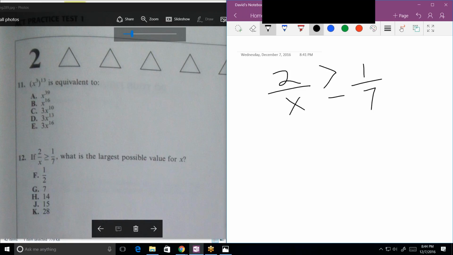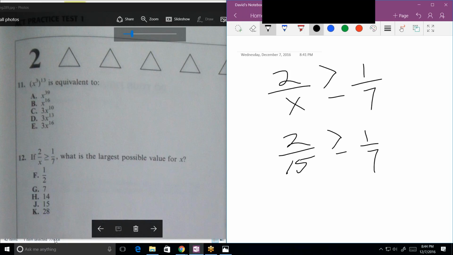How about 15? Is 2/15 greater than 1/7? In other words, if J is the answer, then x is 15, and I would have 2/15. Is that greater than or equal to 1/7? No, it isn't.